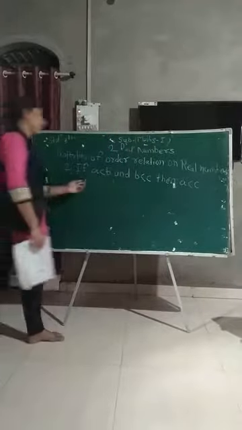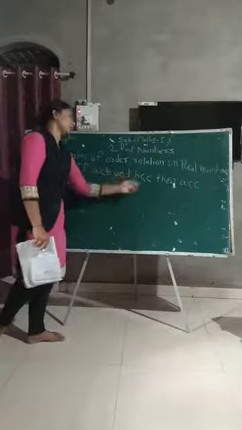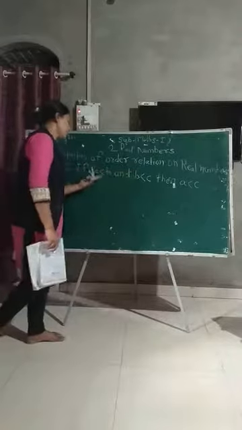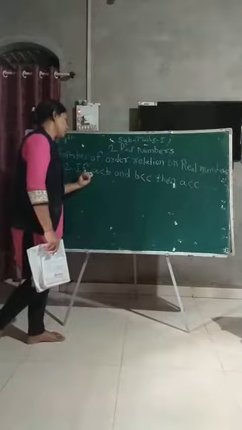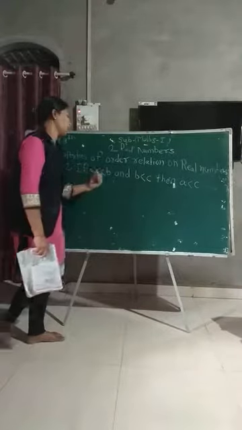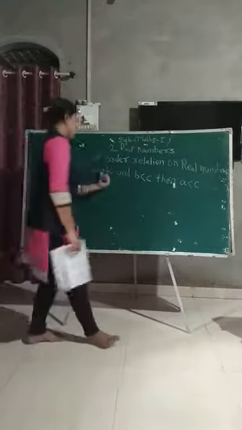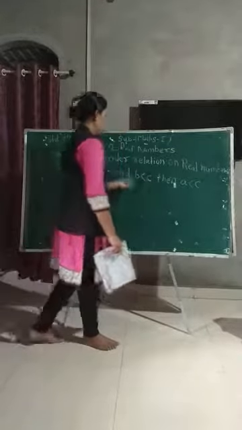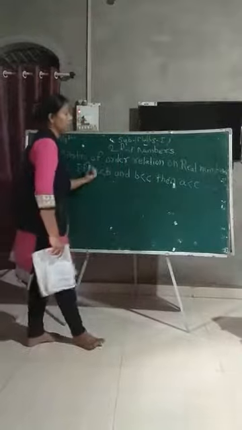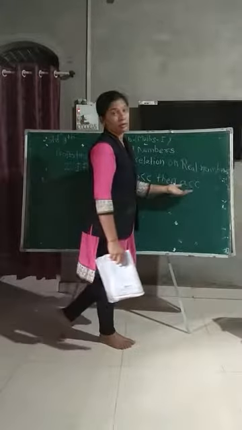In these numbers, a is the smaller number. Here, a is smaller than b, b is smaller than c. Therefore, obviously, a is smaller than c.